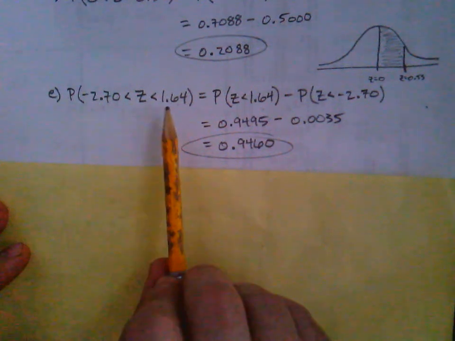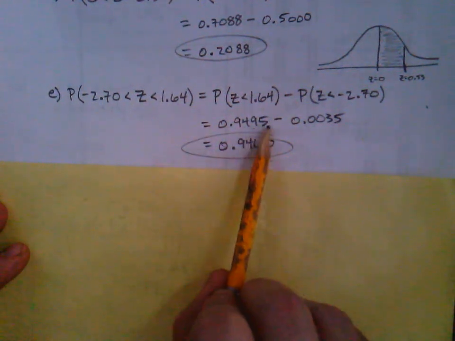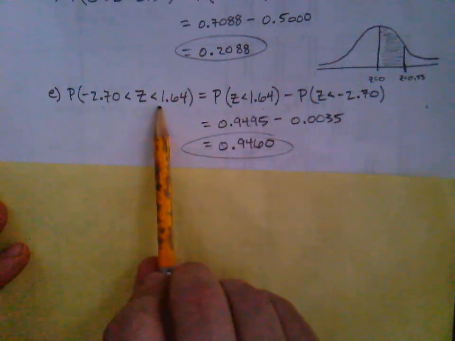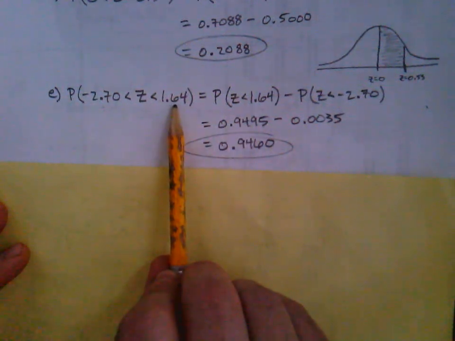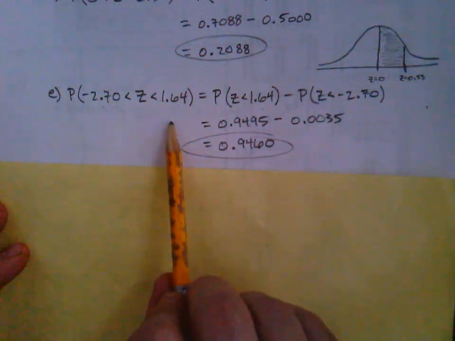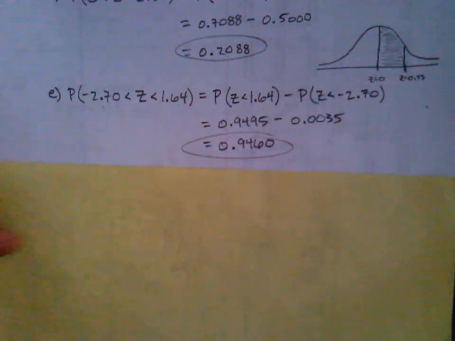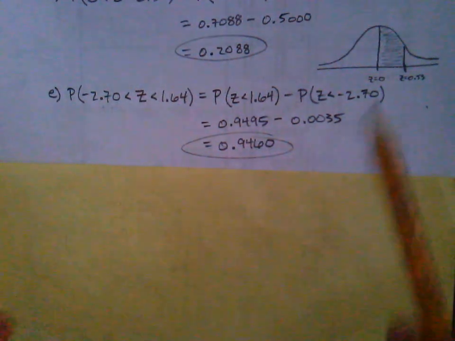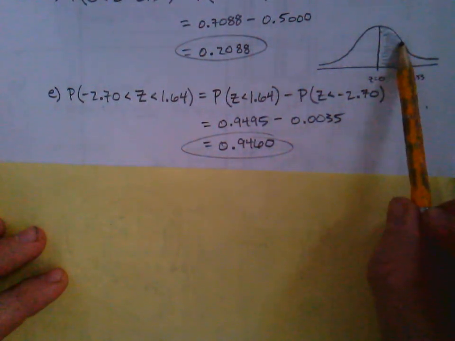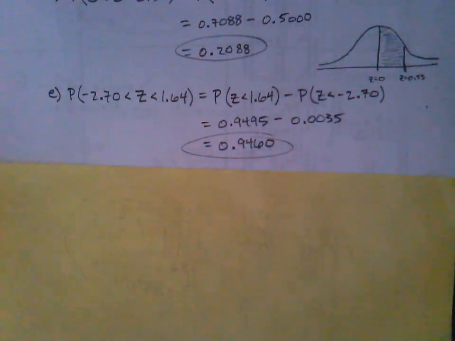And look at the probability of being under 1.64. Almost 95% of the data is below 1.64. That doesn't seem like a very big z-score, right? But that captures almost 95% of all the data. The idea is this bell curve, it drops off very fast as far as counting standard deviations goes anyway.